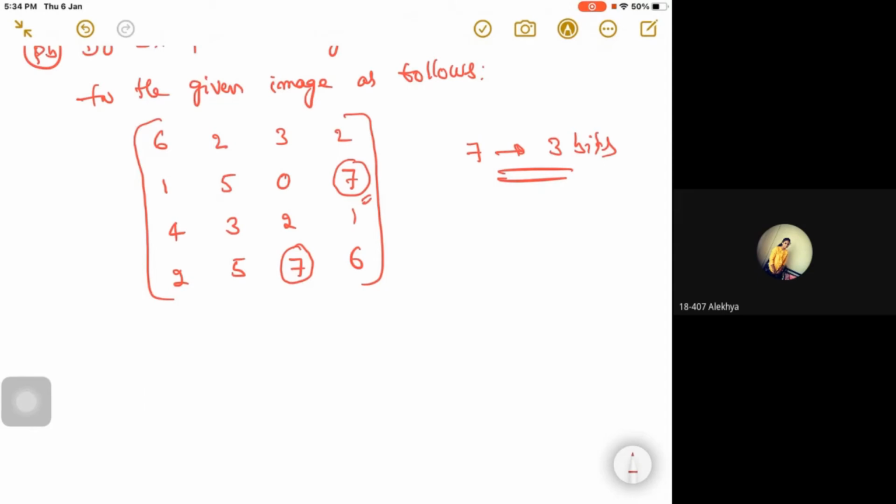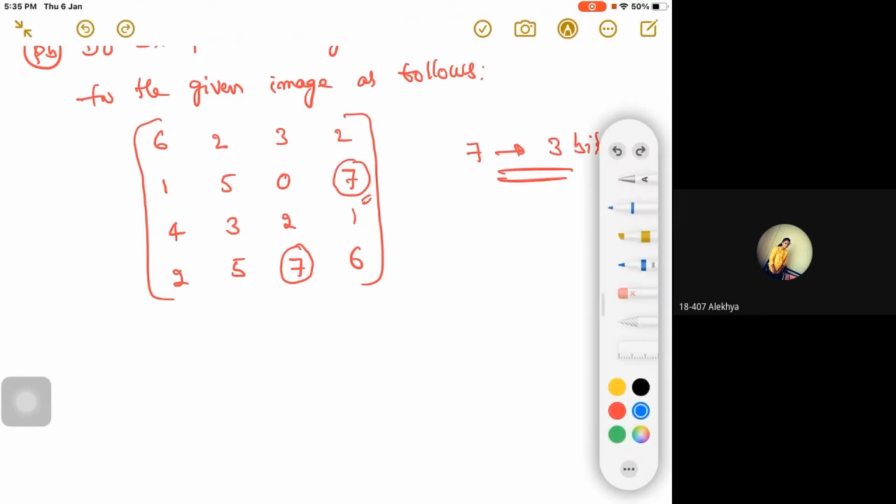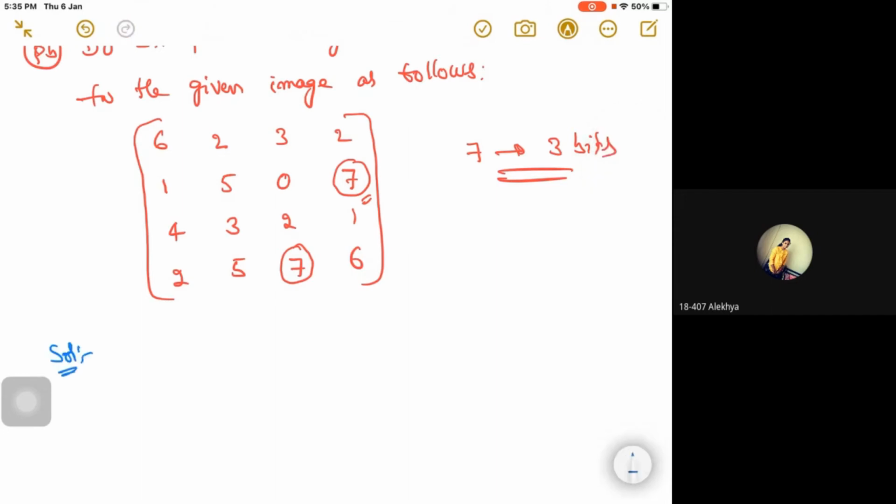The first intensity value is 6. For 6, 1 1 0. Let me take a different color, blue. For 6, 1 1 0, only a 3 bit representation because the maximum is only 7. For 2, 0 1 0. For 3, 0 1 1. For 2, 0 1 0. Next for 1, 0 0 1.